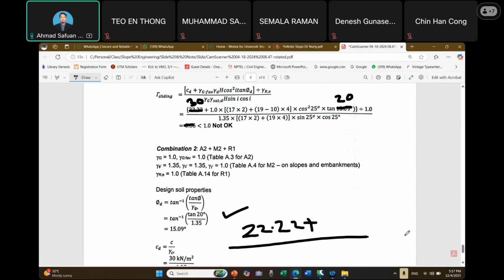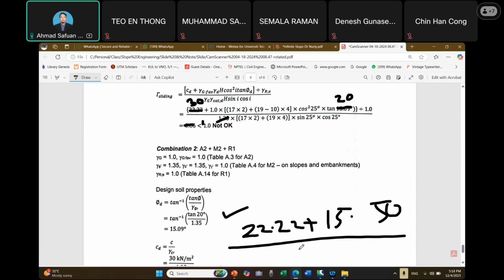Divide by 1 times 17 times 2 plus 19 times 4 times sine 25 cos 25, so then 42.13.